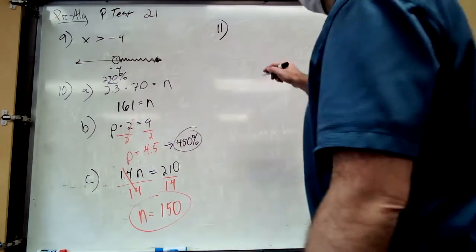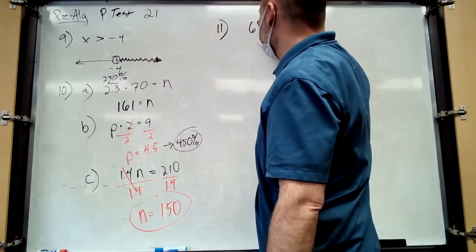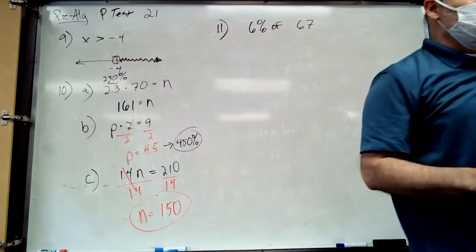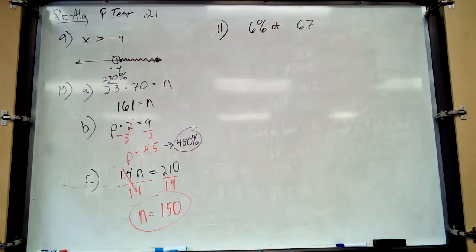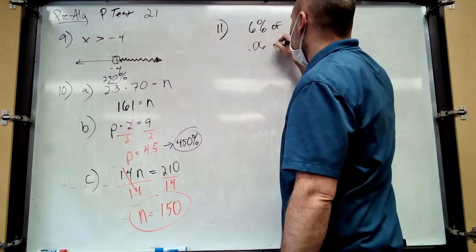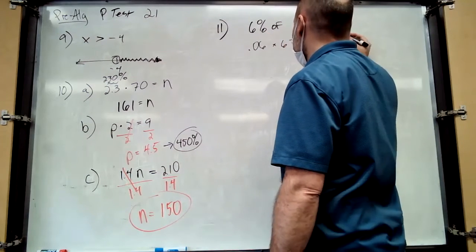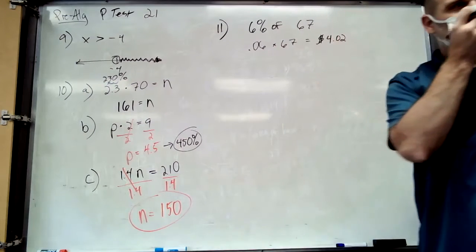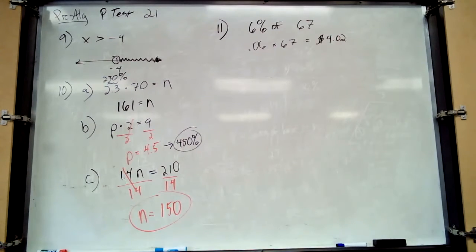So we want to know what 6% of $67 is, and then you multiply. That's what sales tax is. Translating this to a mathematical thing, 0.06 times 67, and what'd you get, Ben? 4.02.